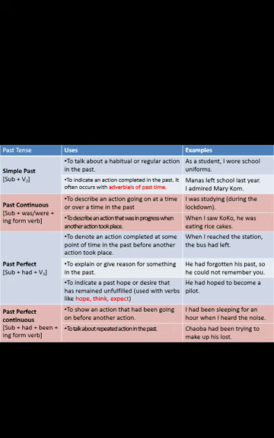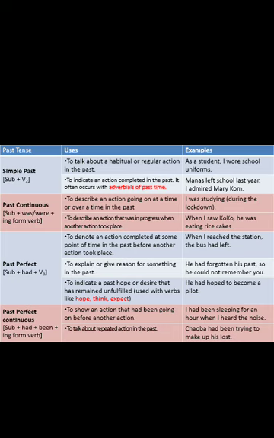Simple past is written in the form of subject plus the second form of verb. We have conjugation of verb in which a verb is written in three forms: present, past, and past participle. That past form of verb in the conjugation of a verb is also known as the second form of verb.